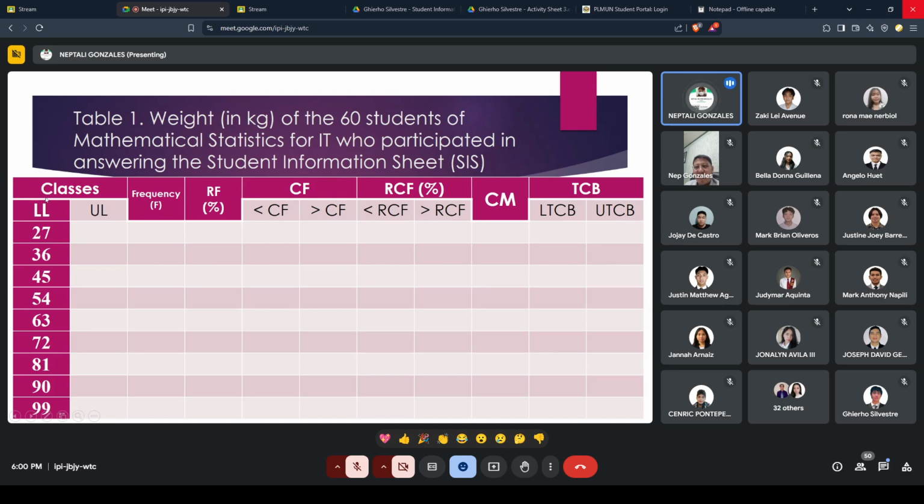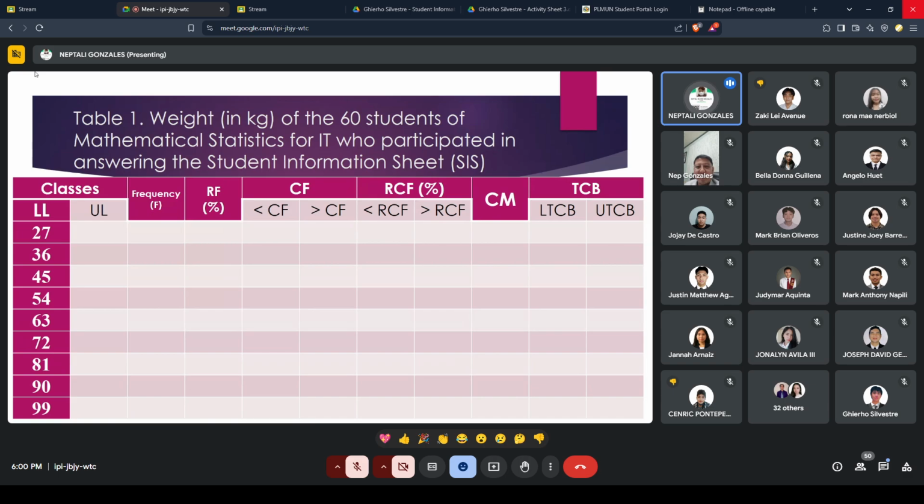So here, for the lower limit, starting from the minimum, just add the C or the class size to get the succeeding values. Question? Before we proceed to the upper limit, in computing the upper limit. Okay, none?